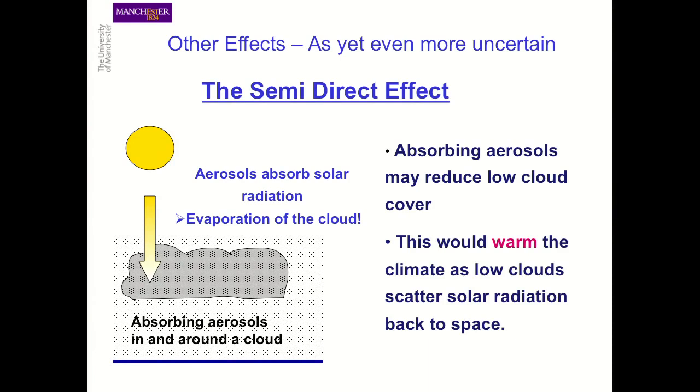It's going to increase the amount of radiation absorbed in that volume, and that will actually lead to evaporation of the cloud. So in other words, absorbing aerosols in that scenario might reduce low cloud cover, which of course would warm the climate, because low clouds obviously scatter solar radiation very efficiently back to space. So that's one thing that may need to be considered.